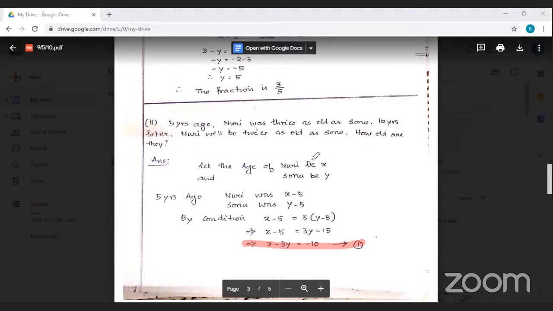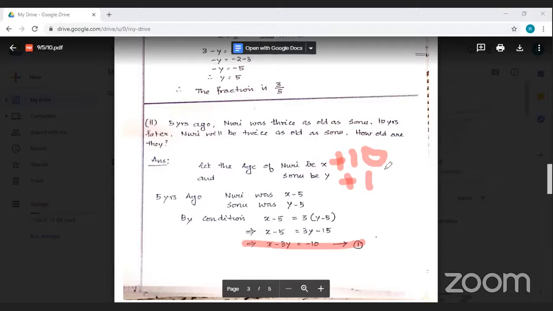The second equation. 10 years later, what do I have to do? Add or subtract? Add. Here you have subtracted because it is ago. Now it will become later. x plus 10, y plus 10.